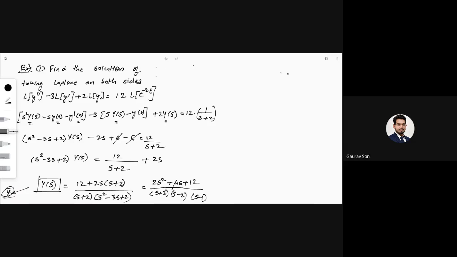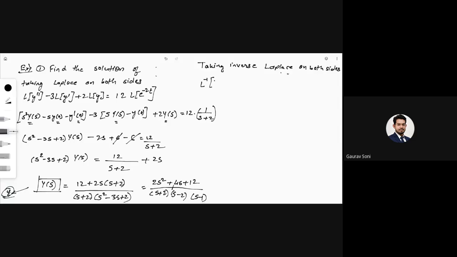Now taking inverse Laplace on both sides, what do we have?